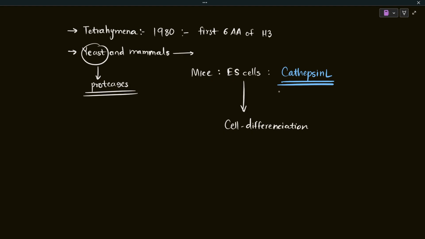So this is how the enzyme that performed the cleavage of the N-terminal tail was discovered. But in yeast, the proteases that bring out this change are yet to be identified.